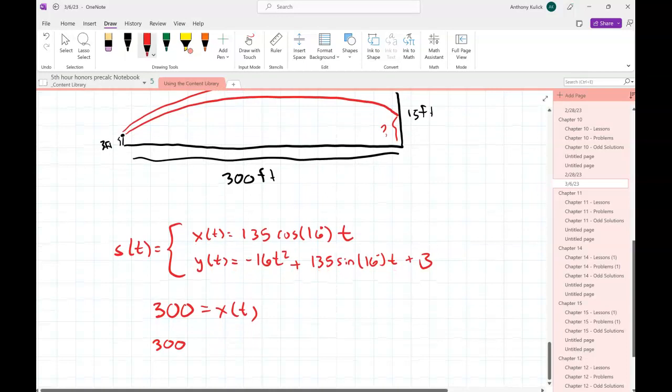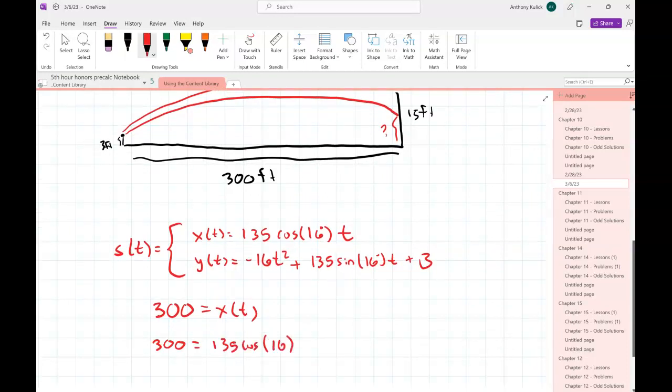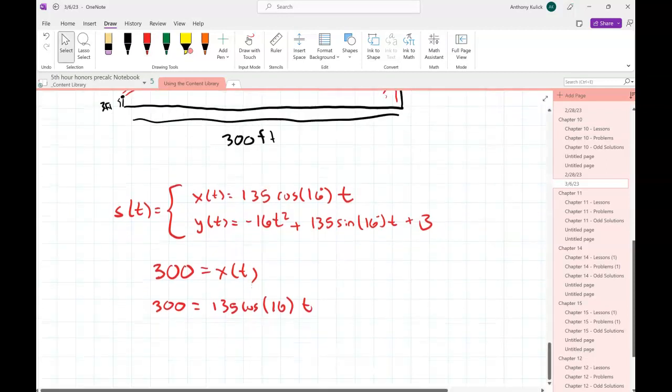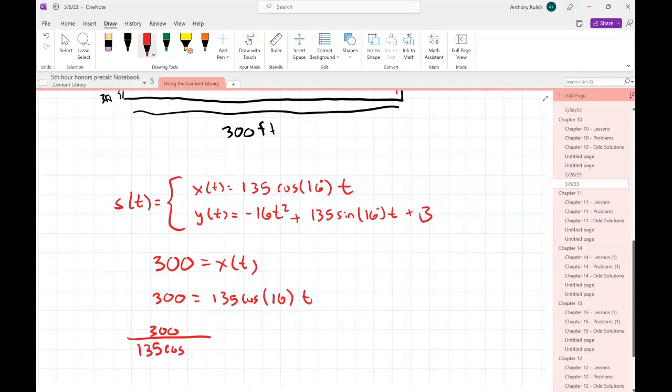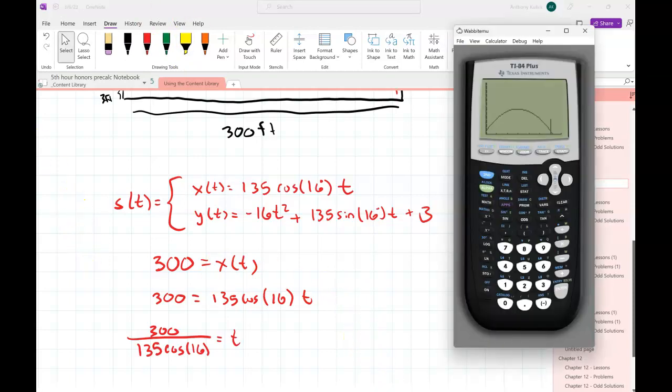So 300 is going to equal 135 cosine 16 times t. Or I'll just divide both sides by 135 cosine 16. And I'm going to use my fraction command on this one because it's really easy to goof up those parentheses.